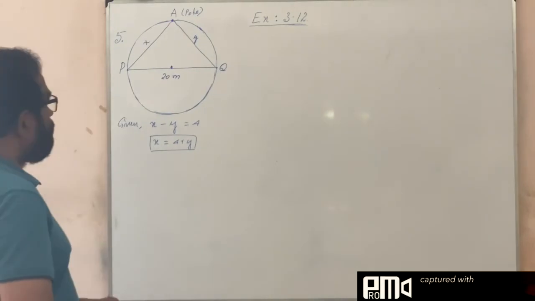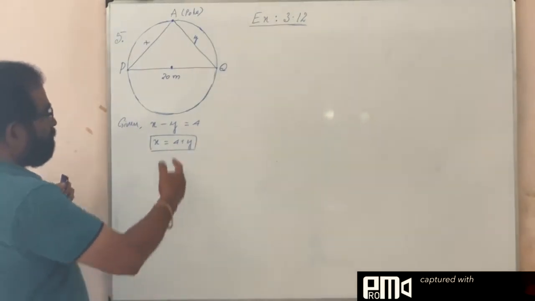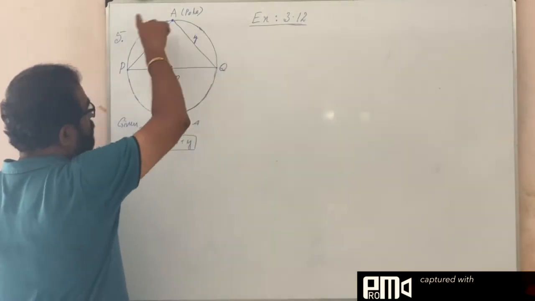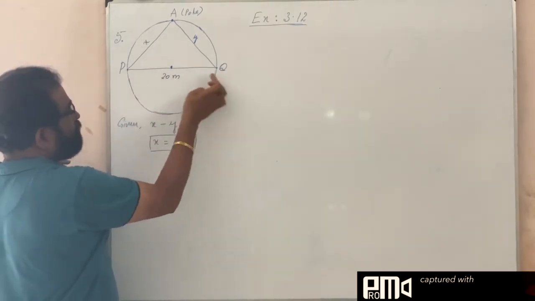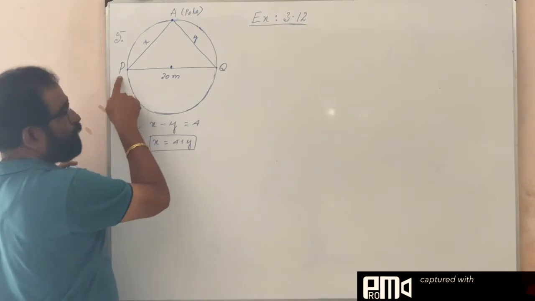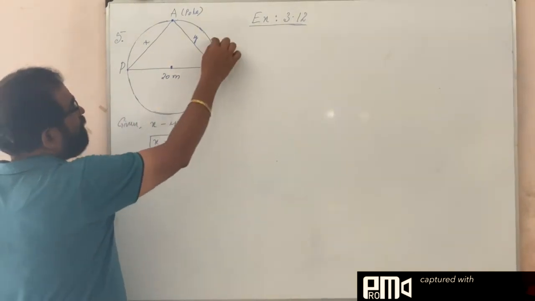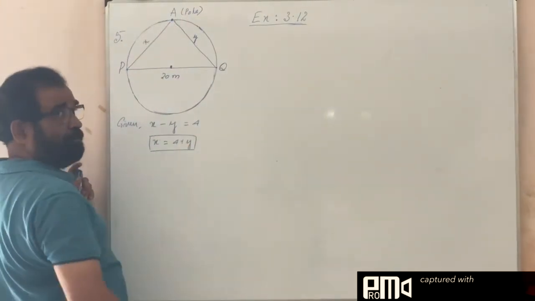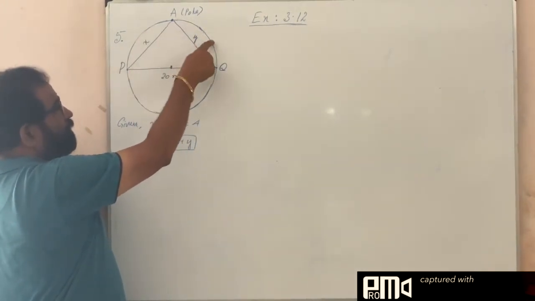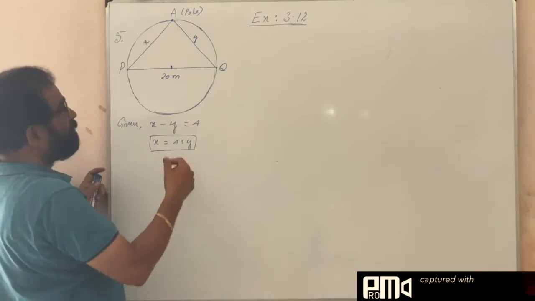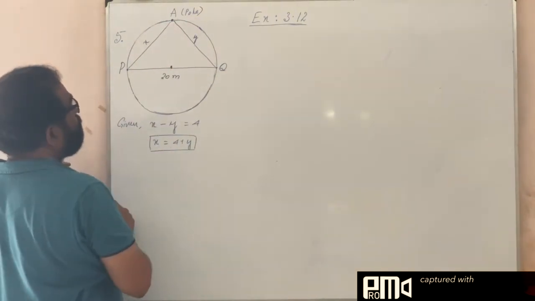Now listen. Understand the question clearly. Circular garden. This is a diameter. At the two opposite ends of the diameter we have two gates P and Q. Anywhere on the boundary we have to erect a pole. For example, I am taking here. You can take here also. Anywhere. So pole A is here.